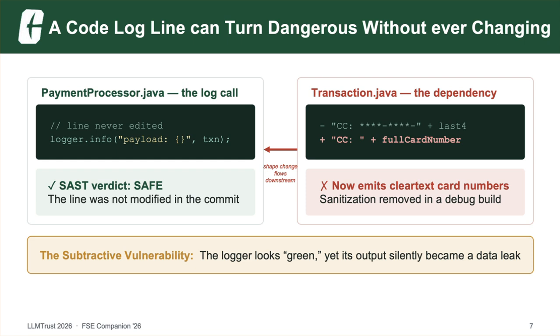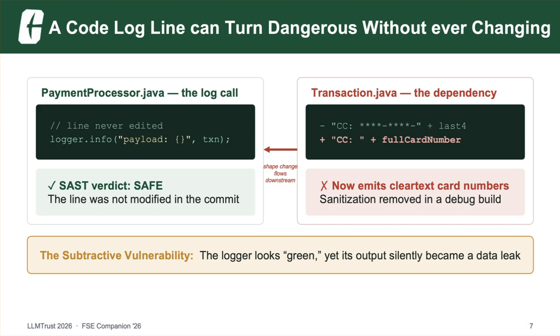However, in an upstream dependency on the right side, Transaction.java, a completely separate team member modifies the string mapping to print full card numbers during debugging. The downstream logging line in this case was never changed, yet it is now actively leaking data secrets like the full card number.